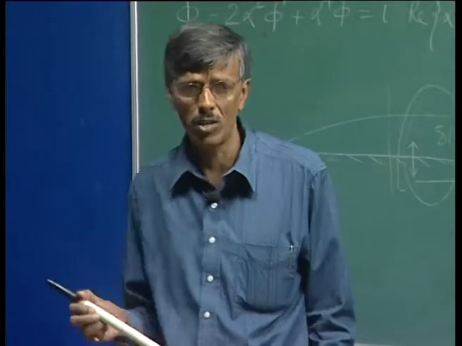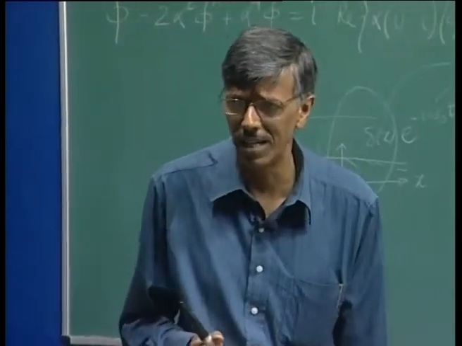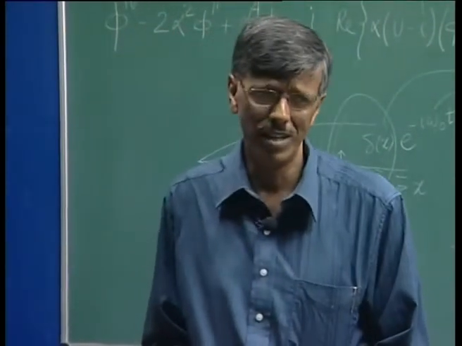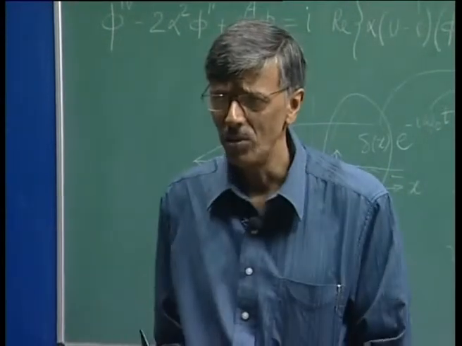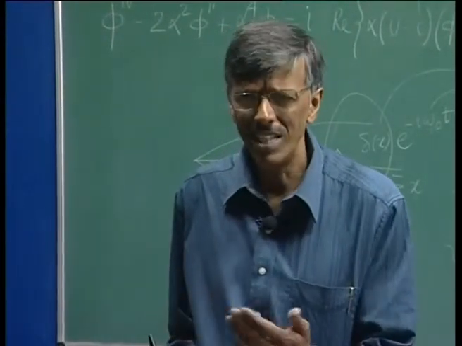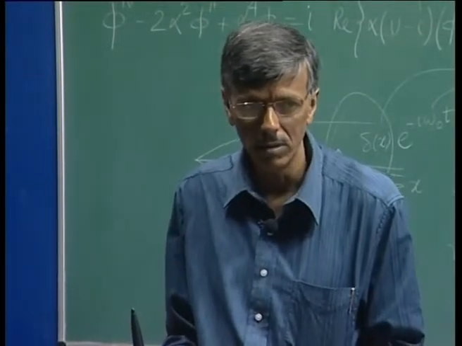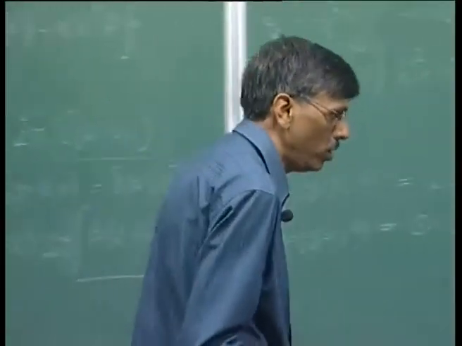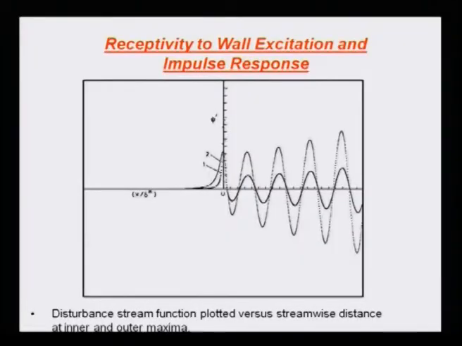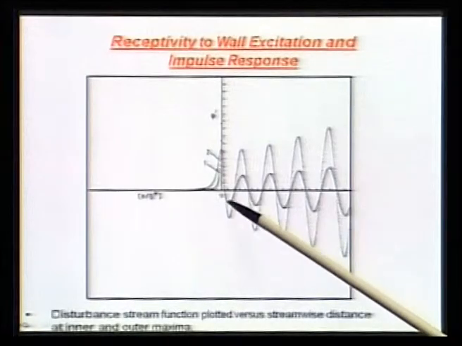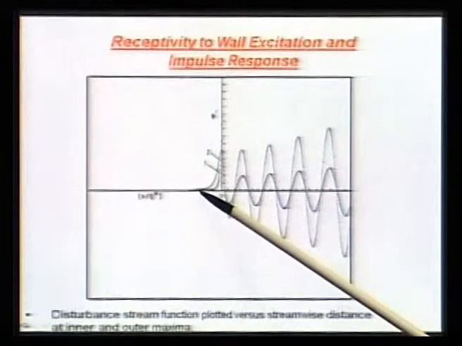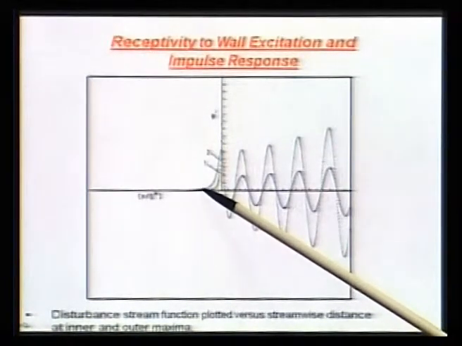In fact, not many people before the 80s had a good appreciation of what we just now saw. The disturbances do not appear in a discontinuous manner. If I were to switch back to the previous one, we can see that despite the fact that the exciter is placed here, disturbance does penetrate a little bit upstream.